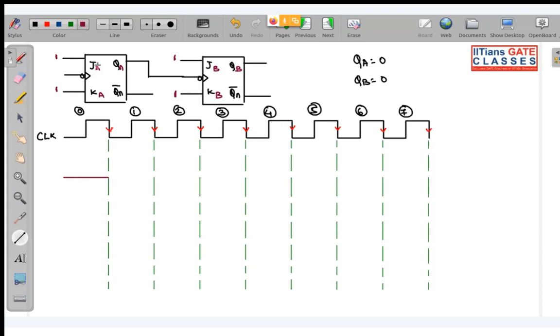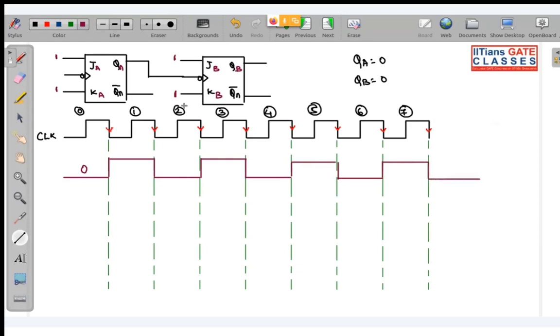Basically this JK flip-flop is working in toggle mode. So if this is 0, immediately at the first clock edge it will go to 1 and then it will start toggling like we have seen. You can see there is toggling continuously from 0 to 1, 1 to 0.